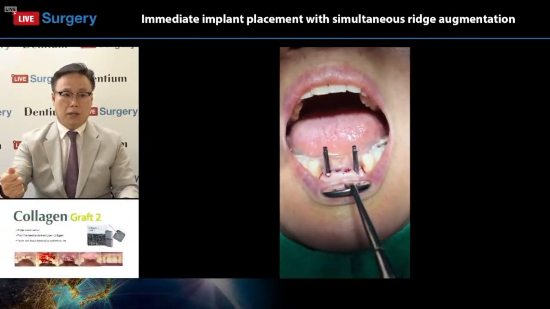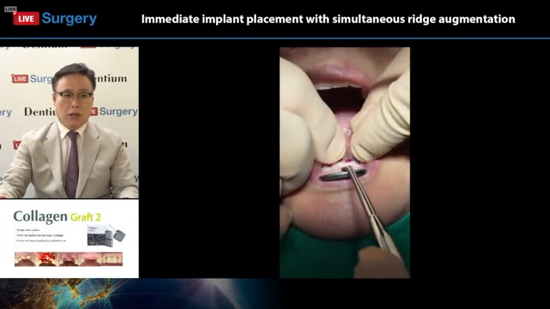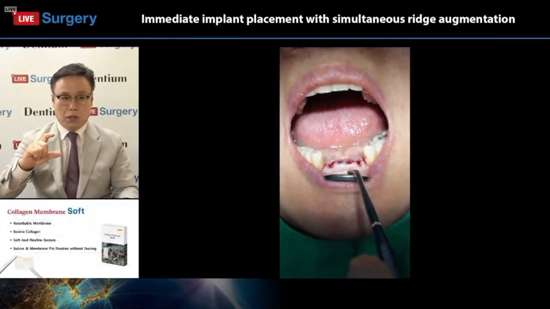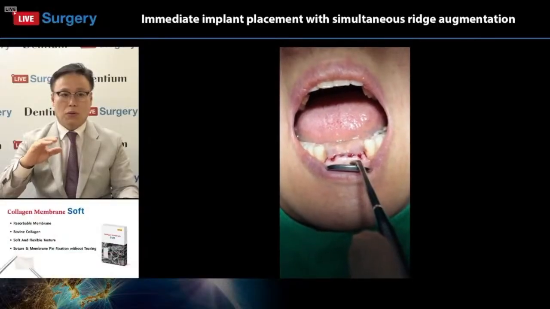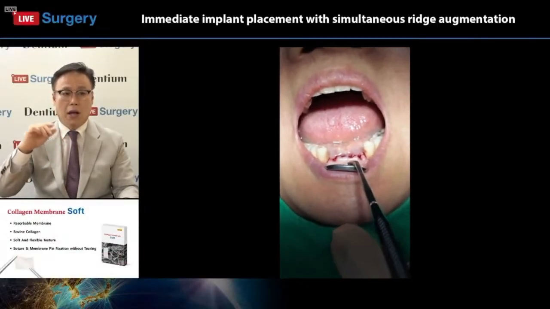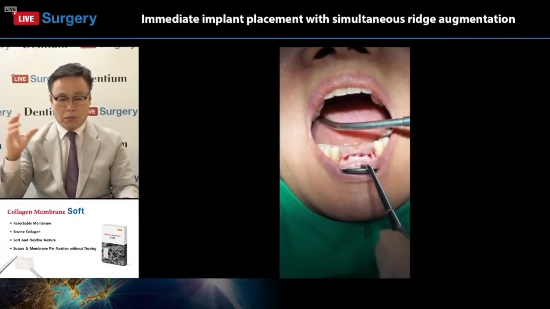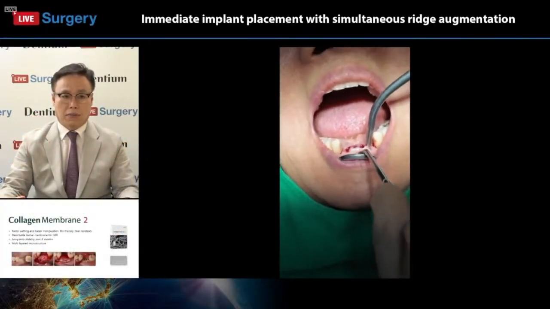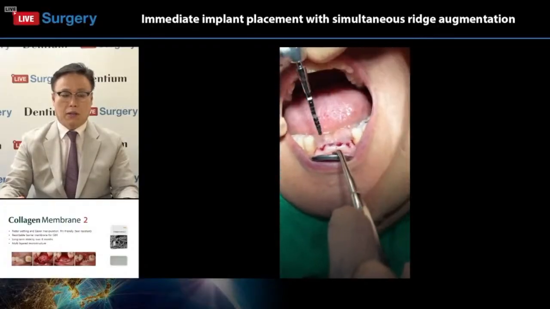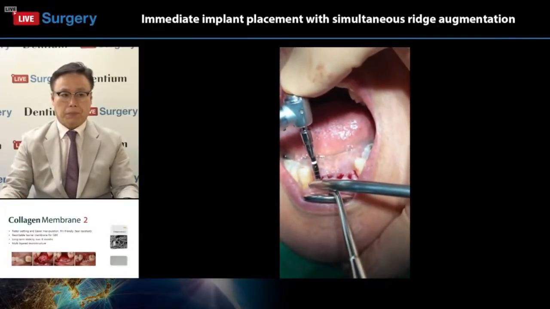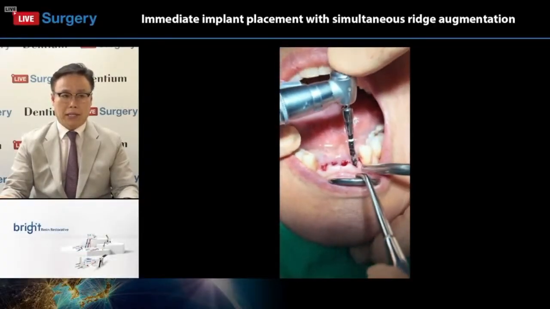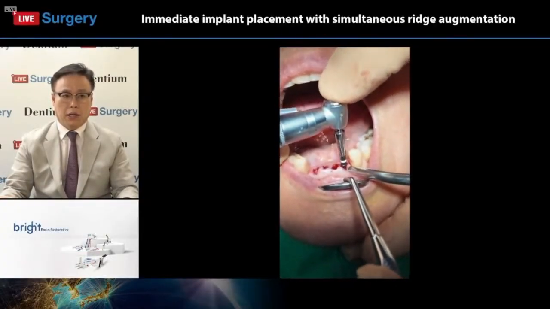For this case, I'm telling you in advance, we found some dehiscence defect, so I positioned the implant a little bit deeper, and there was still some dehiscence defect, so we applied bone graft material. For that, we need some space maintenance, and therefore we applied the tent pole screw for the space maintenance. I'm going to show that case.